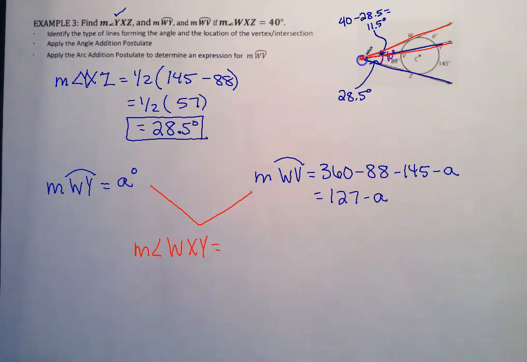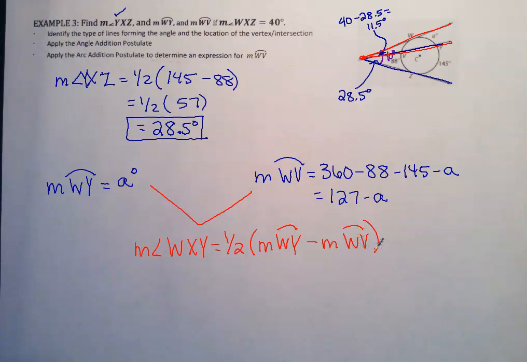The point of intersection is exterior, so it's going to equal 1/2 arc minus arc. Okay, which arc? Arc WY, the measure of arc WY minus the measure of arc WV.